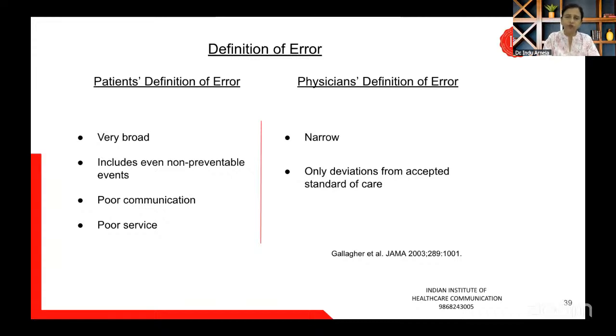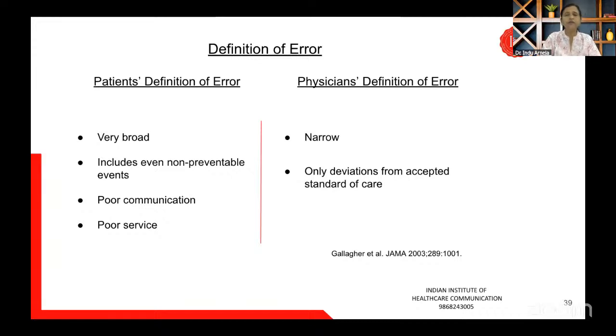That will also include something that has not led to any harm or something that was not preventable. For example, amniotic fluid embolism is very unanticipated, but they will consider that also as harm or as an error.